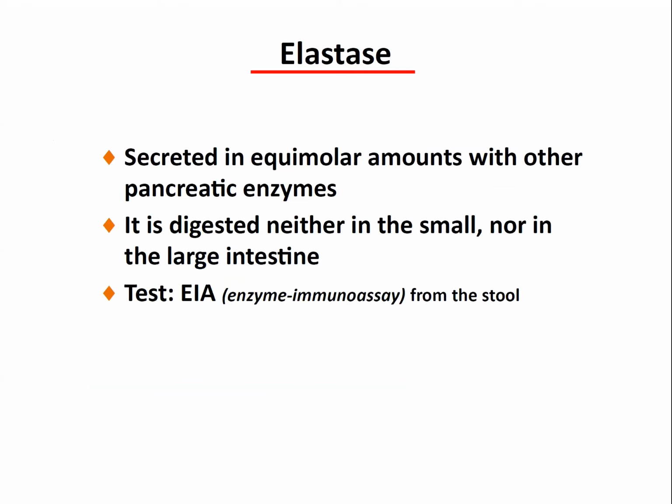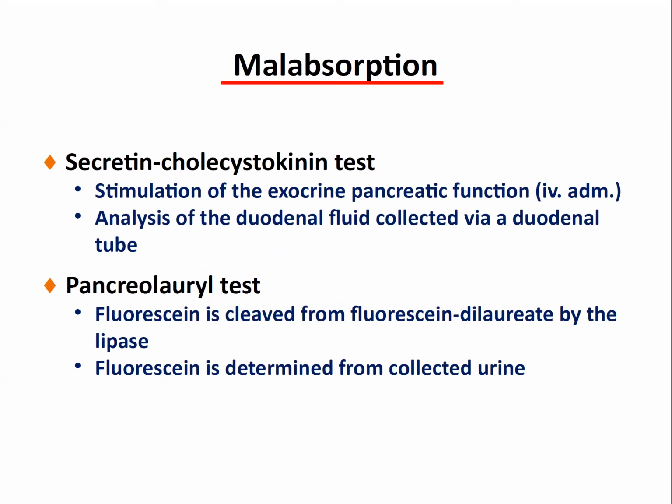As I mentioned, elastase is equimolarly synthesized in the pancreas and not digested, so it is a good substance to measure to evaluate the enzyme secreted by the pancreas. Now, for malabsorption, there is the secretin-cholecystokinin test, as I mentioned.